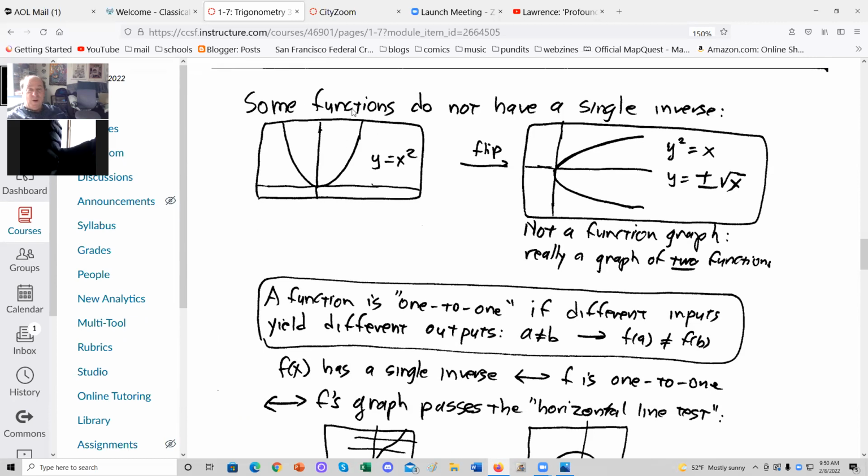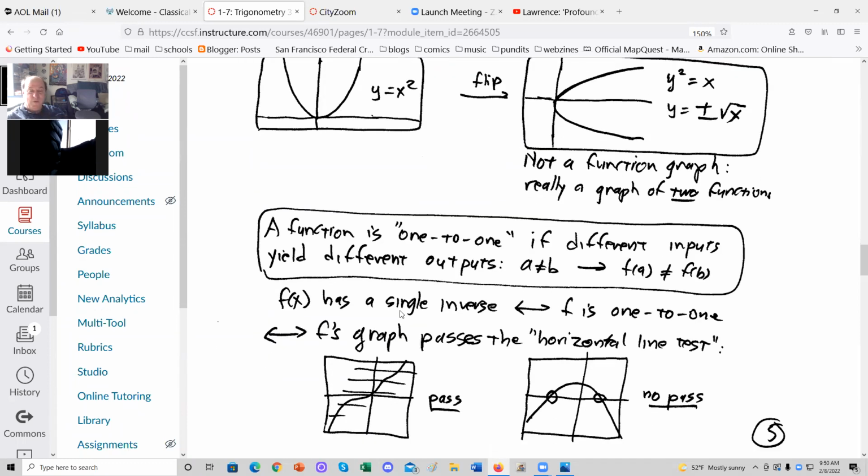The problem with this function is that it's not what we call one-to-one. Two different inputs will yield the same output. So inverting is a problem. We call a function one-to-one if different inputs give different outputs. So if A is not B, then f of A is not f of B. Now we can define a single inverse for a function if and only if it's one-to-one.